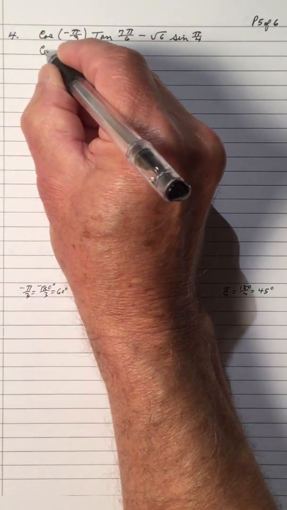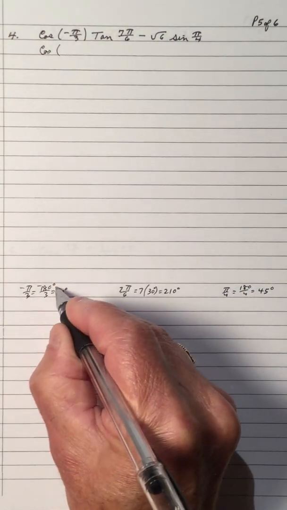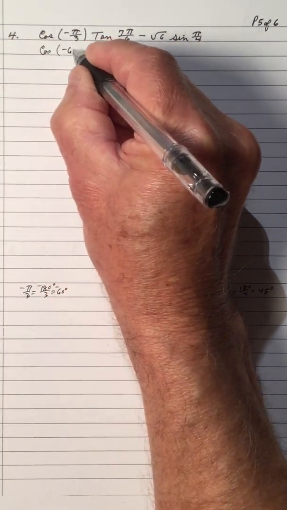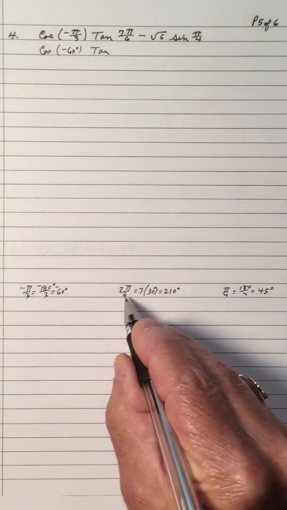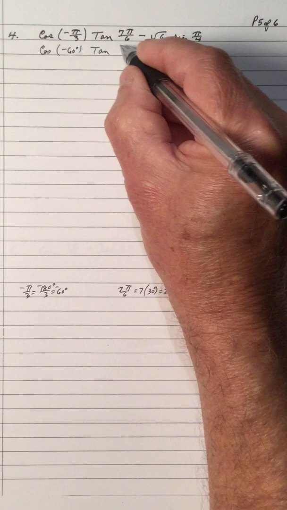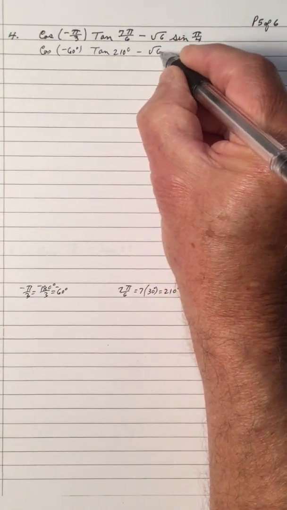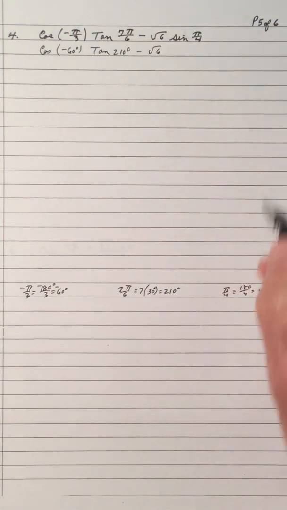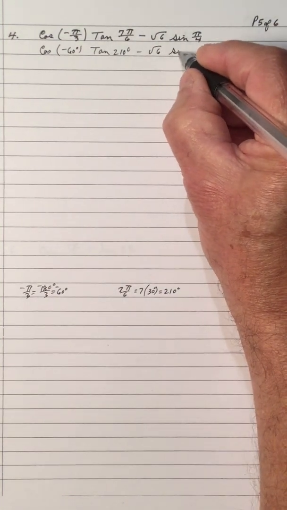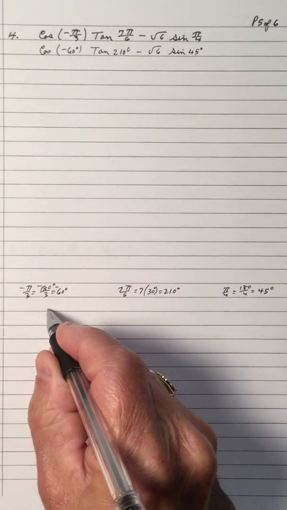So that's the cos of negative pi over 3, which is negative 60 degrees. Tan of 7 pi over 6 is 210. And we got the sine of pi over 4, so that's the sine of 45. So let's work each of these out.